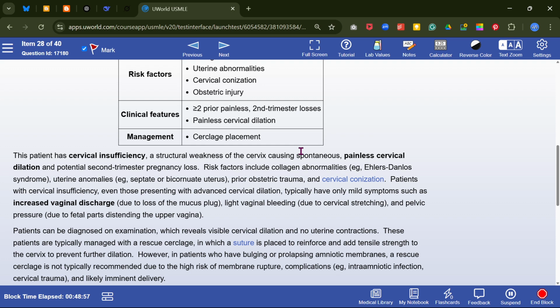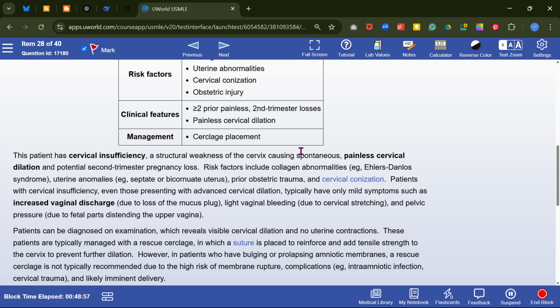Patients with cervical insufficiency, even those presenting with advanced cervical dilatation, typically have only mild symptoms such as increased vaginal discharge due to loss of the mucus plug, light vaginal bleeding due to cervical stretching, and pelvic pressure due to fetal parts distending the upper vagina.